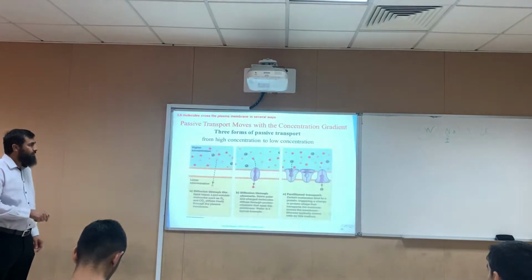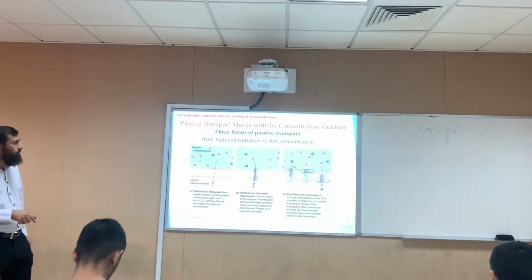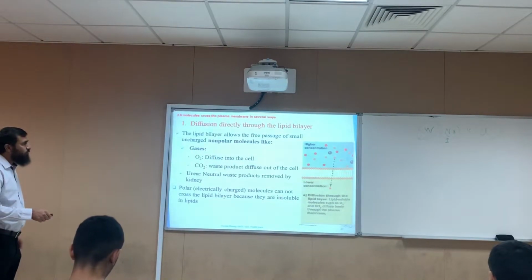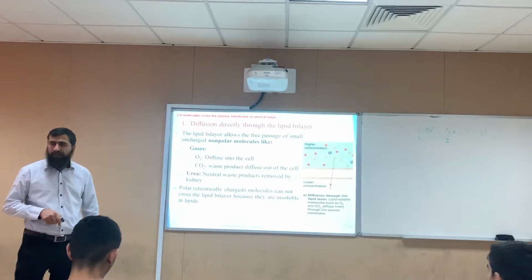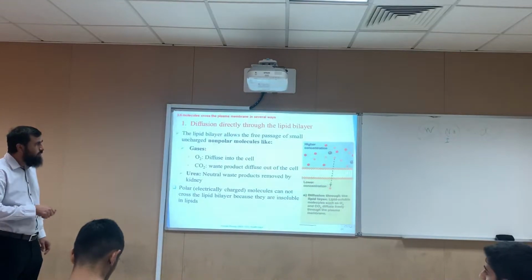All right, so we'll go through the three different types of passive transport. As I mentioned, these are molecules that diffuse straight through the plasma membrane, through the bilayer of phospholipids. They're non-polar, which means they have no charge.